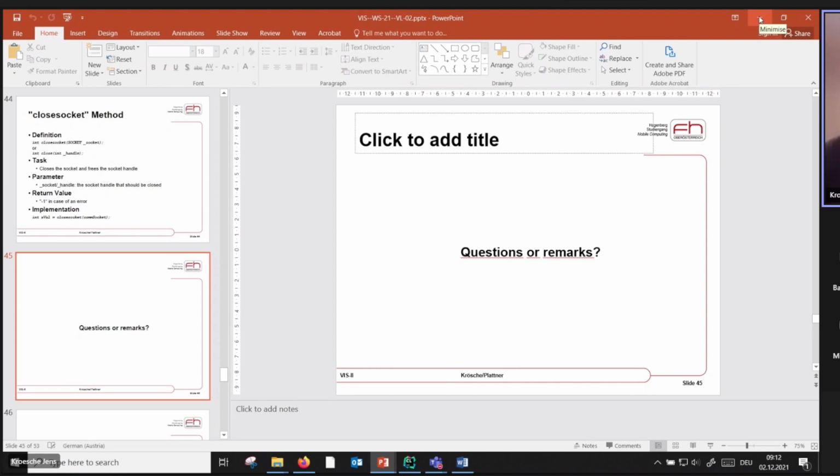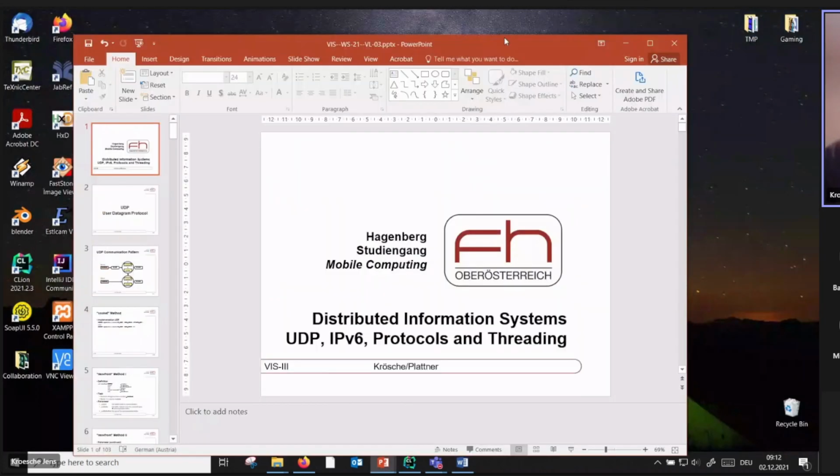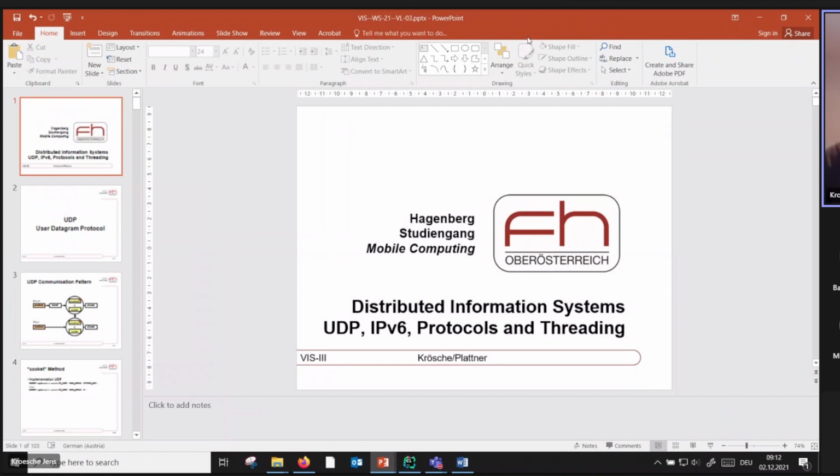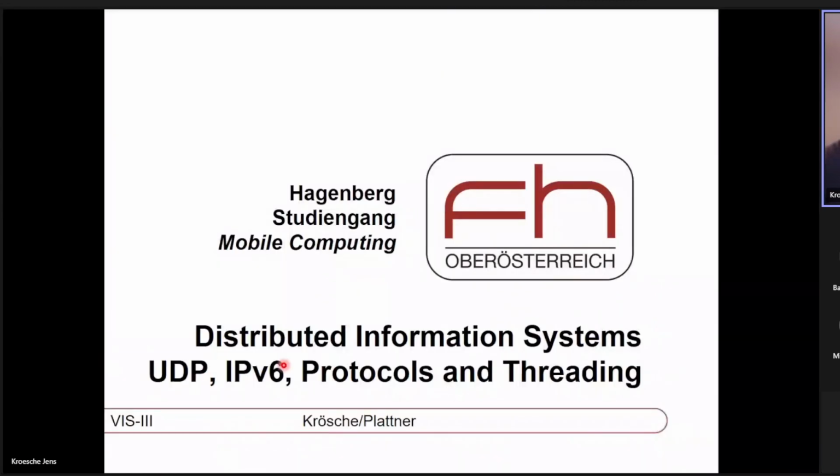So let's get to the next step. In order for you to work on the exercise, we will slightly go ahead with the socket communication. So we will talk about how to do a communication based on UDP, and we will talk about doing the communication based on IP version 6, and then jump back to the initial basic input regarding distributed information systems, so we can have that covered as well, and I can use that in the exam later on.